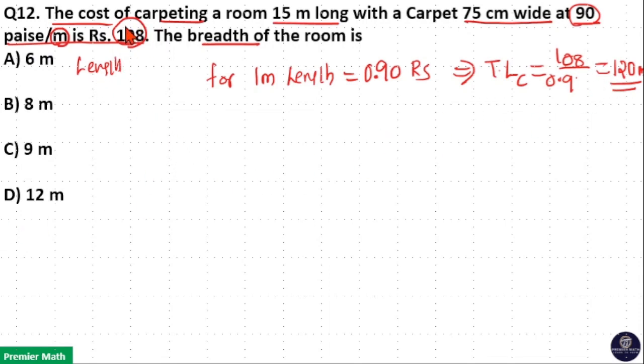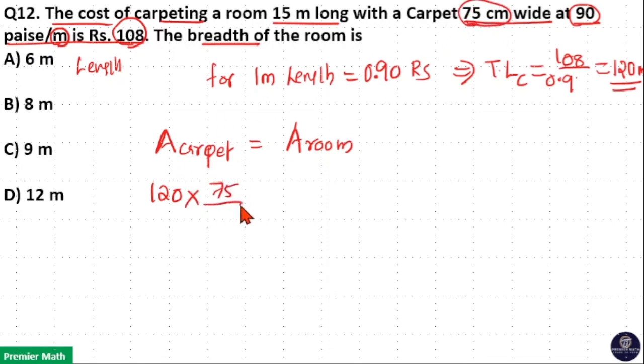And here, carpeting a room means the area of the carpet is equal to the area of the room. So the area of the carpet means length and breadth of the carpet. Here the length of the carpet is 120 meters and the breadth of the carpet is 75 centimeters.